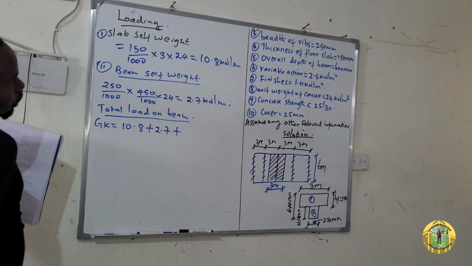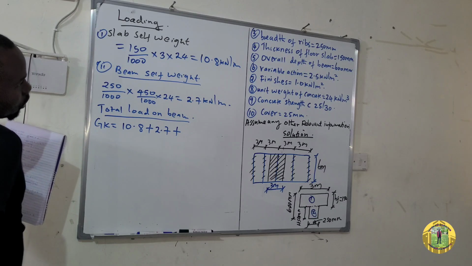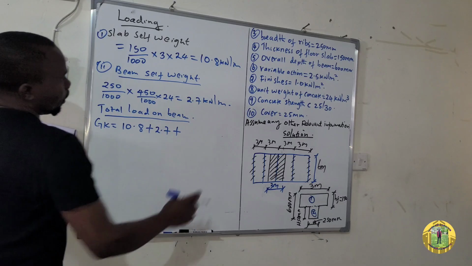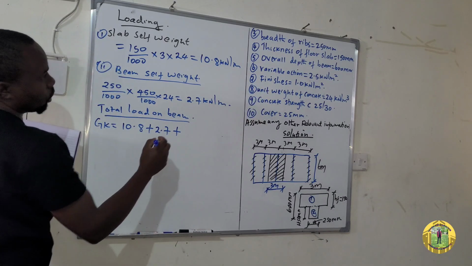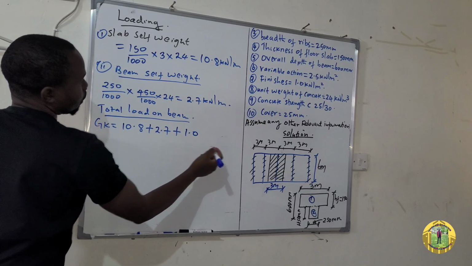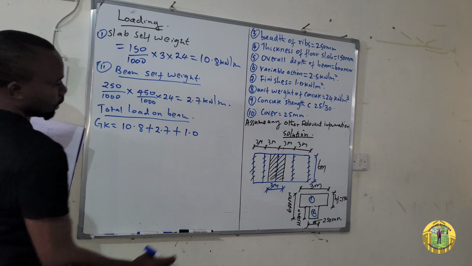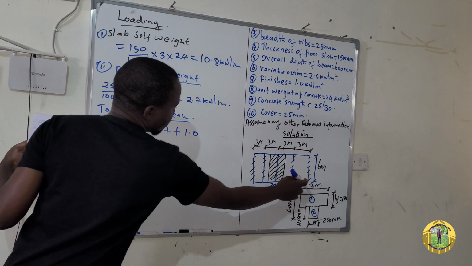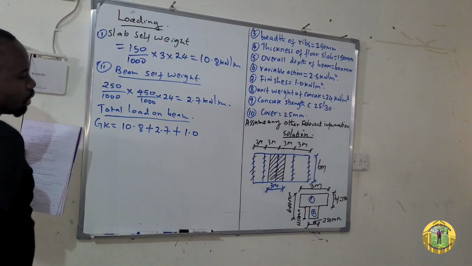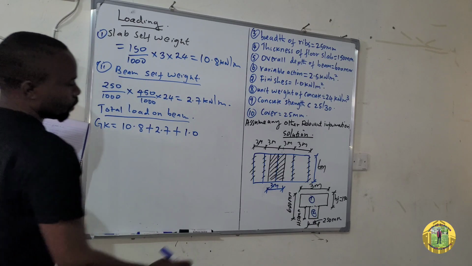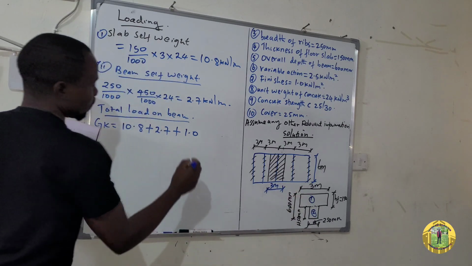plus, remember we have the finishes, which is 1.0 kilonewton per meter square. It is here. So plus 1.0. Remember this is kilonewton per meter square. So multiply by the distance of this beam, which is 3.